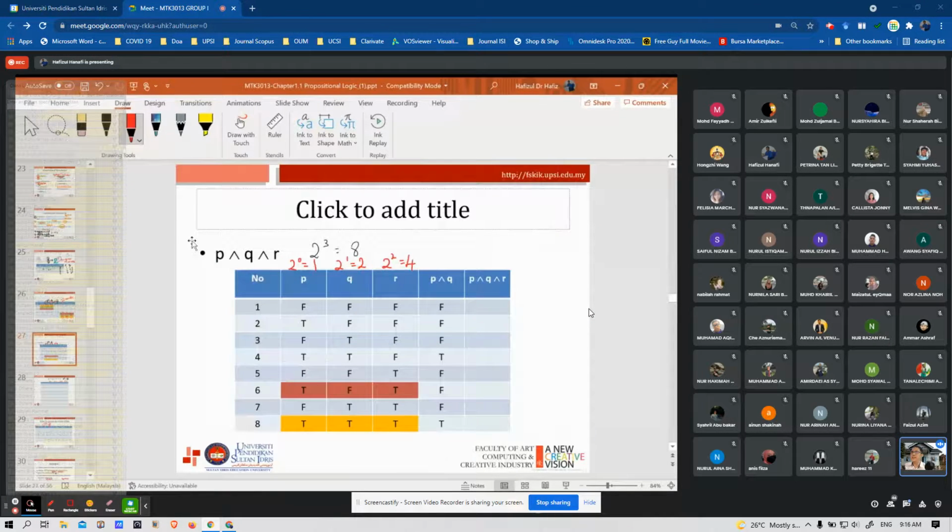This one is P and Q and R. We have 2 power of 3. We have 2 power of 0 is 1, 2 power of 1 is 2, 2 power of 2 is 4, and then 2 power of 3, and then you should have 1, 2 until 8. Okay, this one is simple.